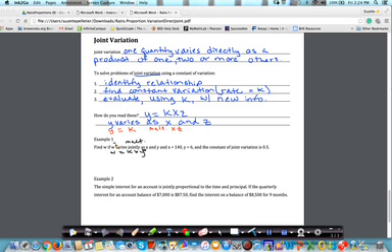And varies means equals K. So I have W equals K, and I'm multiplying X and Y, okay? So what we have to do is, they're going to give us some information. In this case, they give us X, they give us Y, and they also give us our joint variation, which is our K.